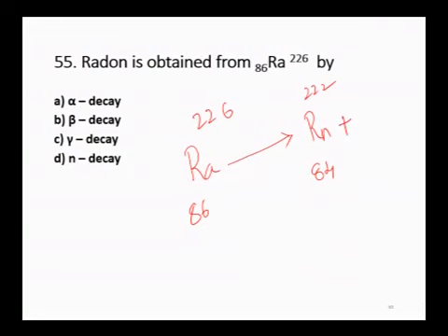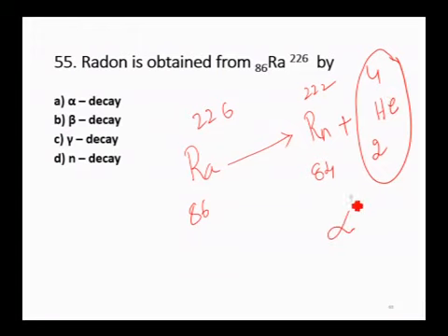The left out, on subtraction, 226 minus 222 is 4, and 86 minus 84 is 2, which is nothing but a helium particle. This, as usual, can be considered an alpha particle. So alpha decay is possible. The suitable answer is A.